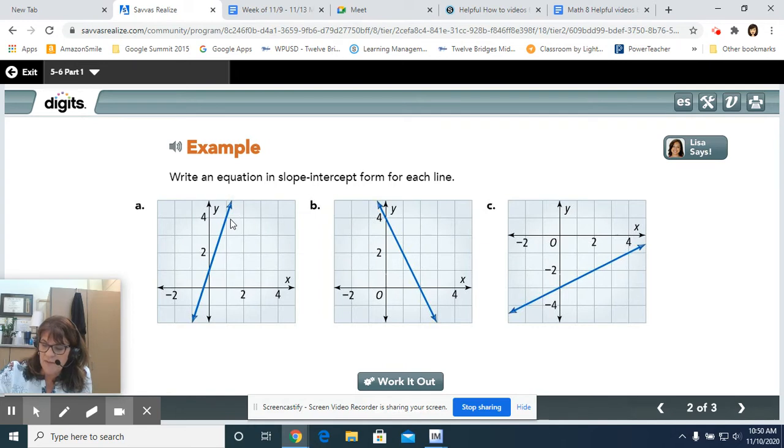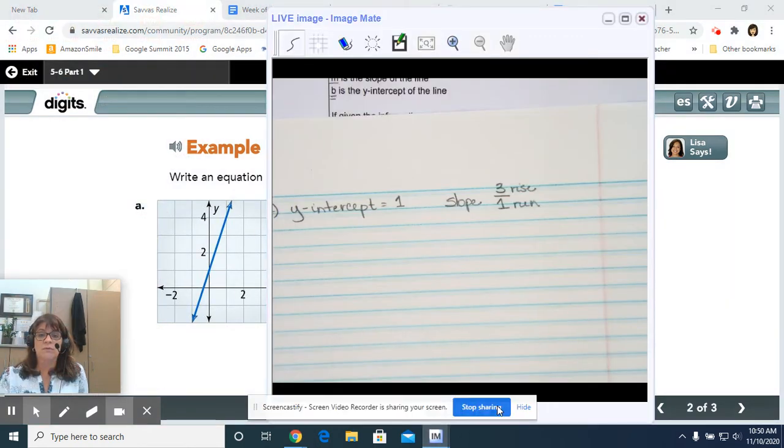So 3 rise, 1 run. And here are the notes that I made just based on A.